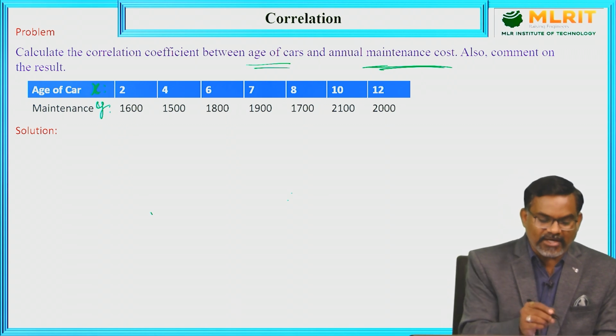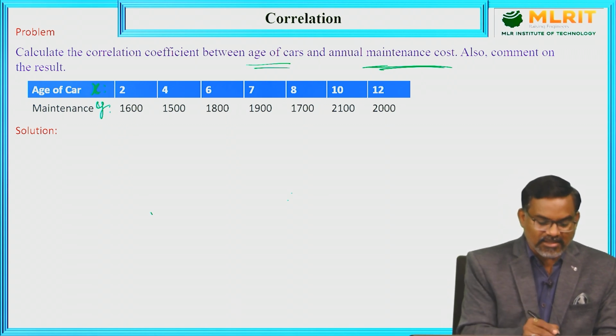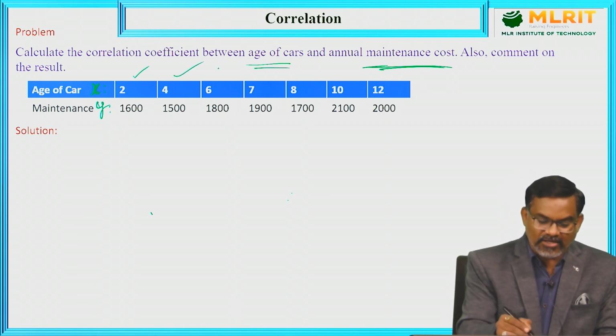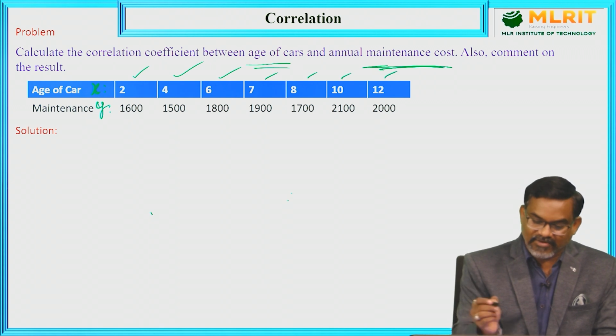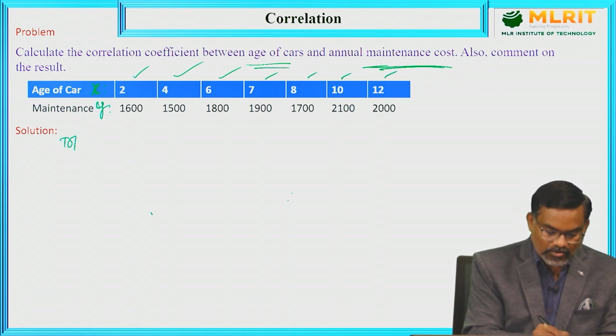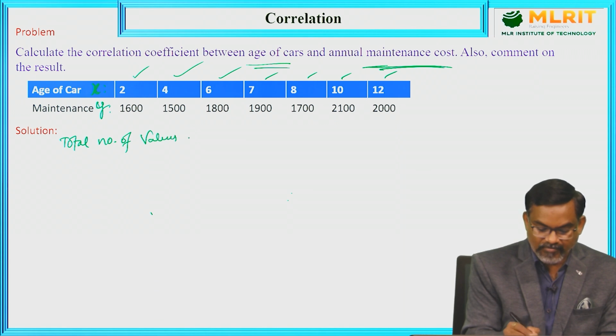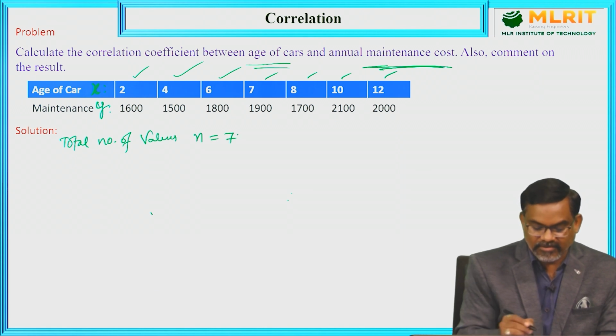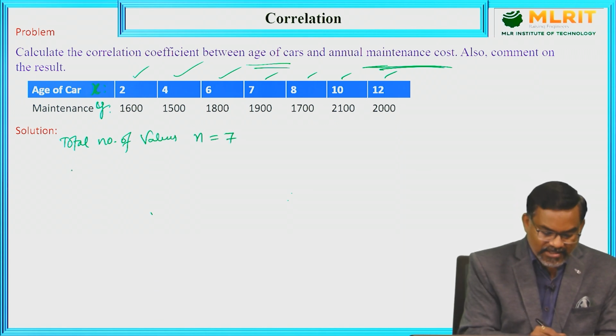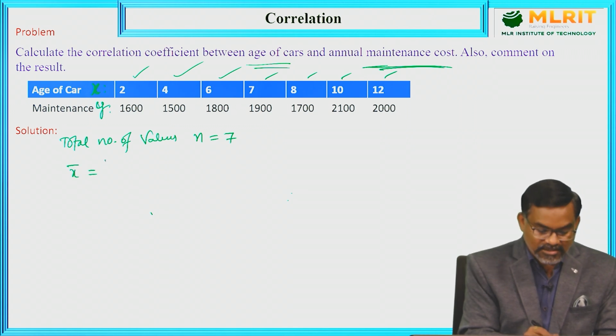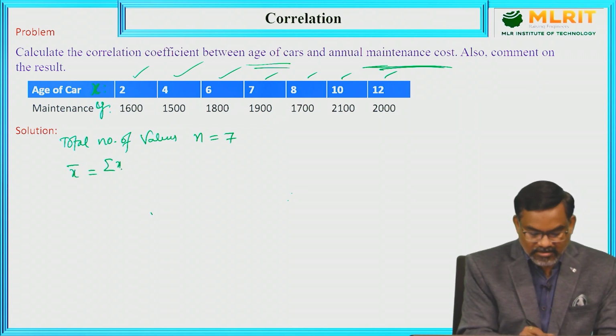Now to find the correlation coefficient, first how many values are given? 1, 2, 3, 4, 5, 6, 7 values are given. So total number of values given, n equal to 7. And first let us find the mean of x values denoted by x bar, sigma x by n.